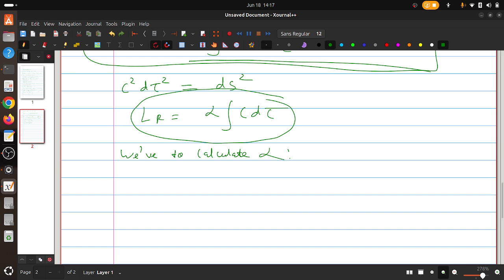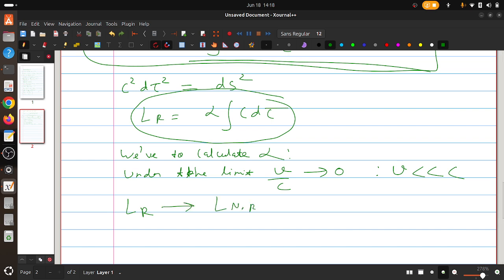As we know, to calculate alpha, we consider the limit v by c tending to 0, which means that our velocities are much smaller than the speed of light. Under this limit, the relativistic Lagrangian should tend to the non-relativistic Lagrangian, and we know what the non-relativistic Lagrangian is.